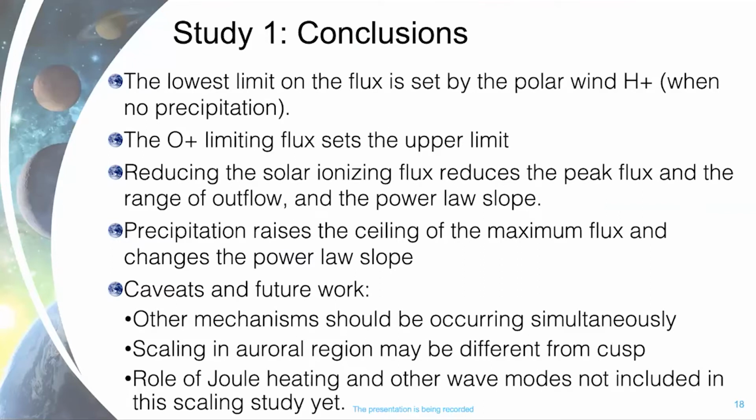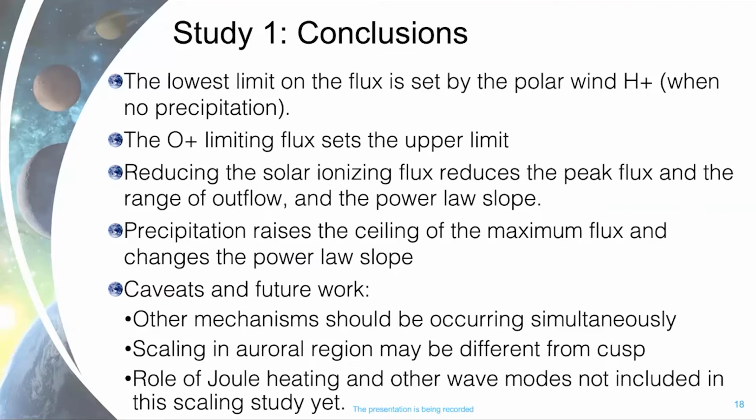If you change the solar ionizing flux, or if you change the precipitation, that's going to change the range of the outflow that you can get. It's going to change the power law relationship that you will obtain, and it will also change how the individual species respond. So that's where this study is.